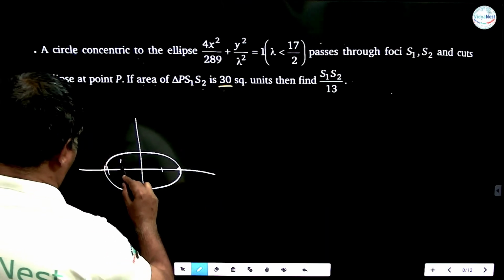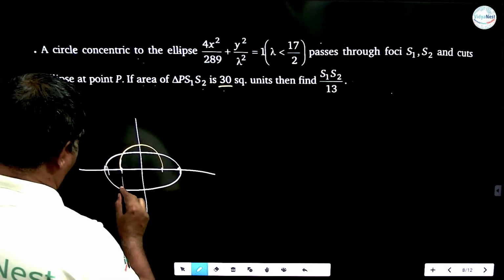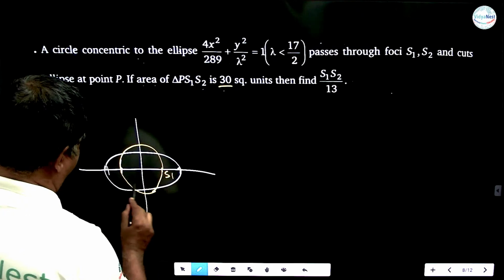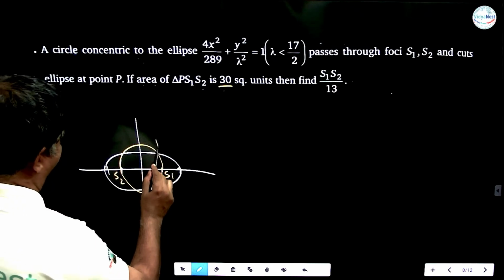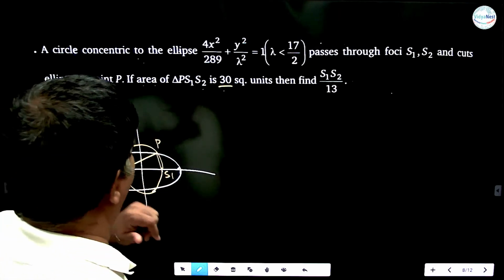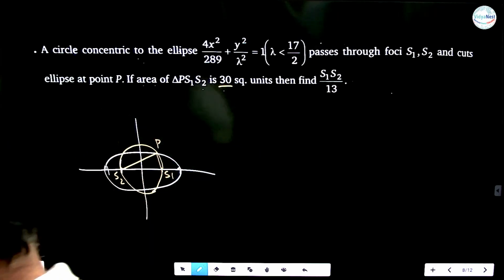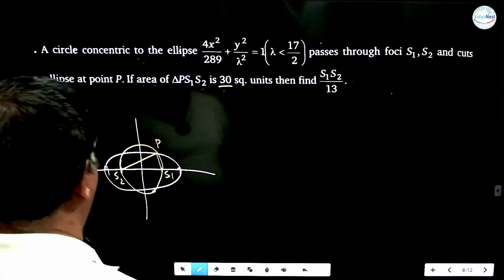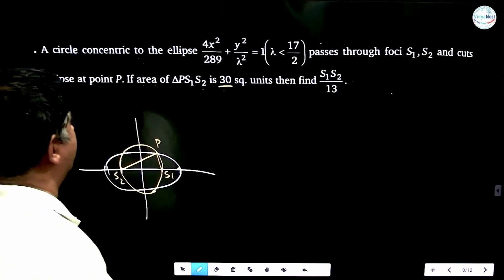This is the circle. Now it is okay. S1, S2, P, that area is given as 30. Okay.